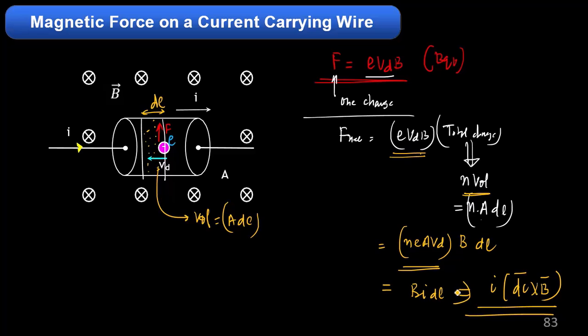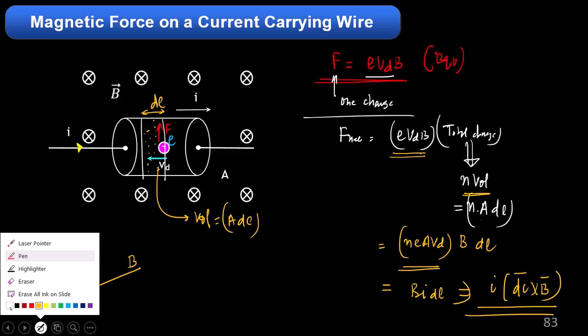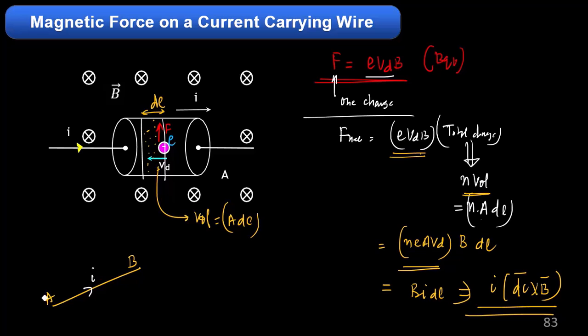And this formula can only be applicable when the entire conductor length is under the same magnetic field. What does that mean? Let us say this is the conductor, AB is the conductor, and through AB the current I is flowing.